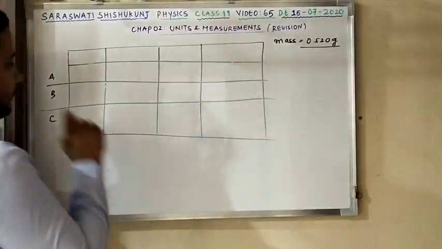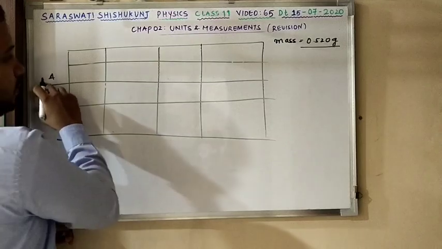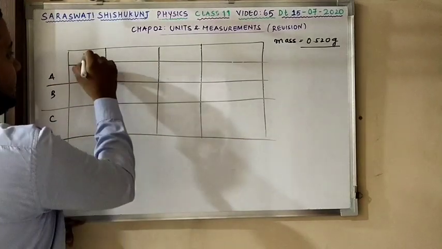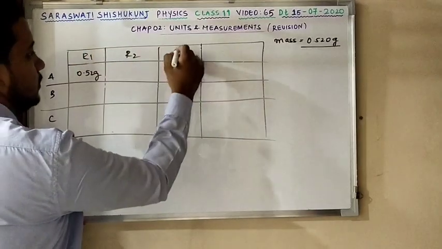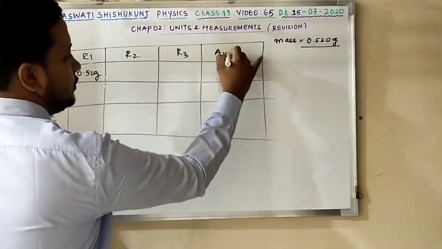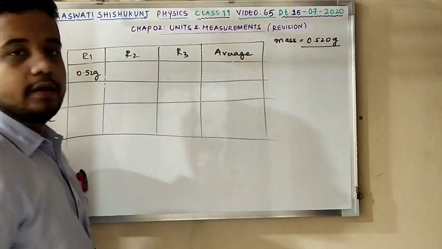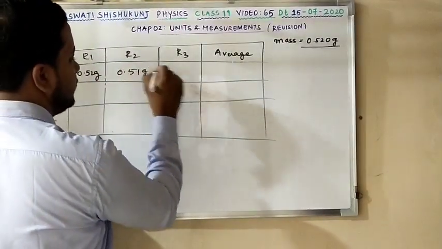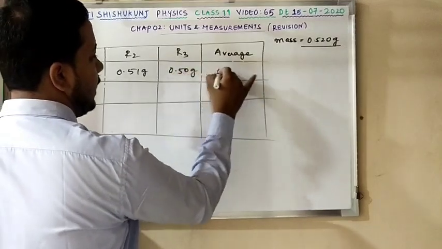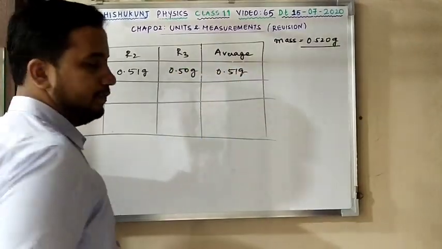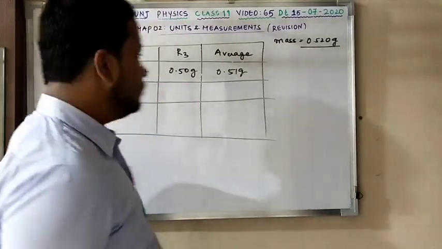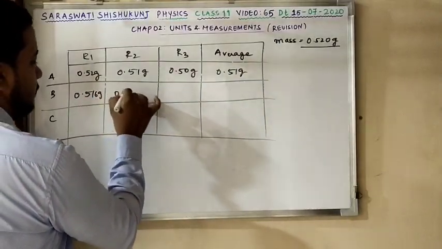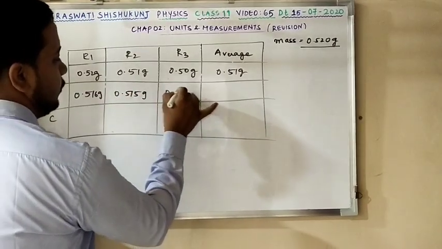Clear? The true mass is 0.520 grams. Reading 1, reading 2, reading 3 and average. The first student, A, found the values 0.52 grams, then 0.51 grams, then 0.50 grams, and the average was 0.51 grams. Clear? The second student, B, got 0.516 grams, 0.515 grams and 0.514 grams.